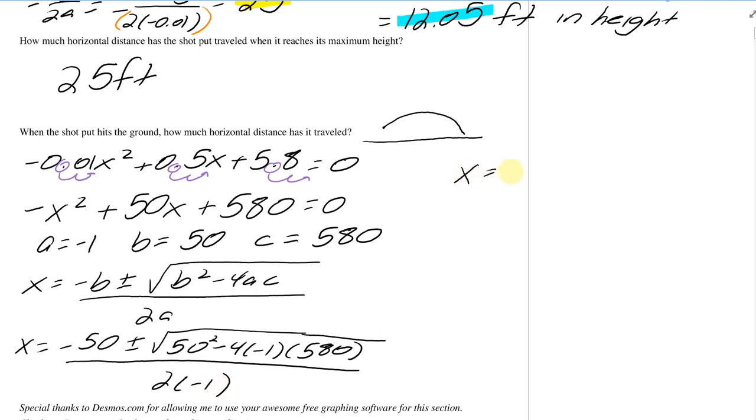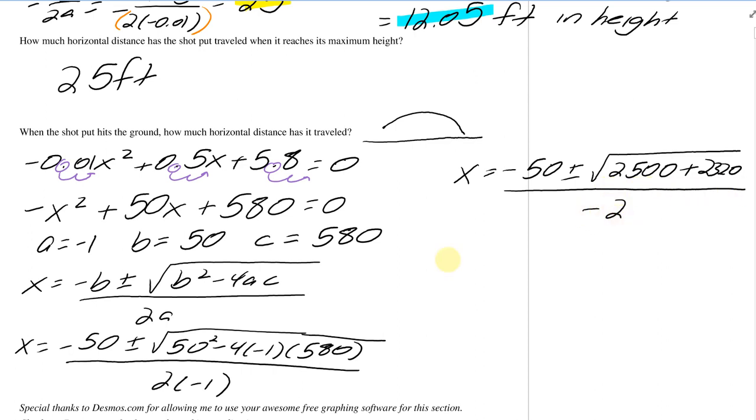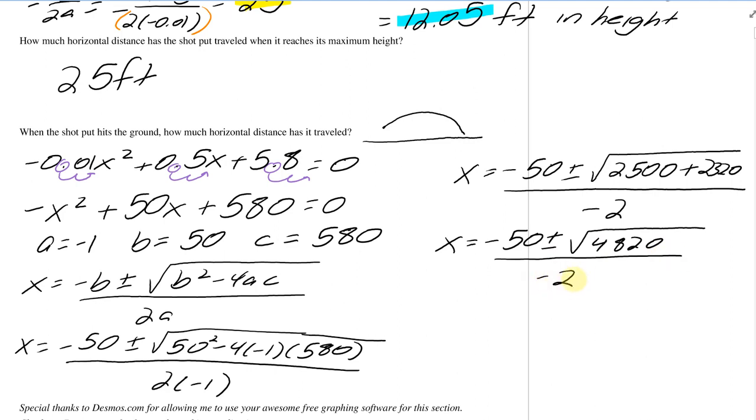Okay, so I'm going to continue my work over here. This is -50 plus or minus the square root of, this will come out to 2,500 plus 2,320, all of this divided by -2. So now I get -50 plus or minus the square root of 4,820 divided by -2.